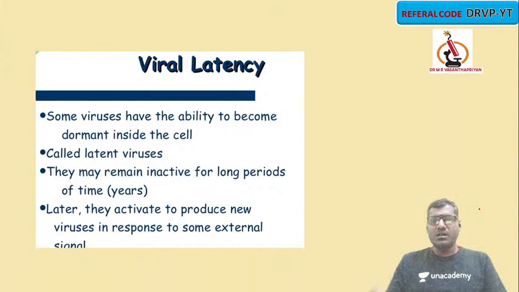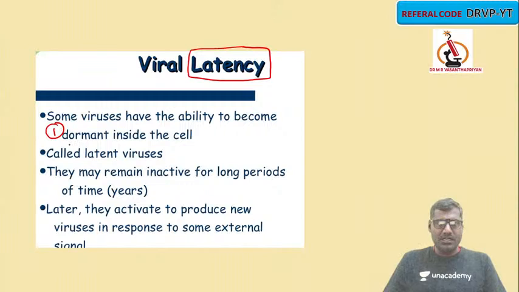Now what are all the characters of the virus to be assessed for latency or the latent period? Point to remember, number one, the virus will be present in the host cell in a dormant state. What do we mean by dormant? It remains inactive for a longer period.